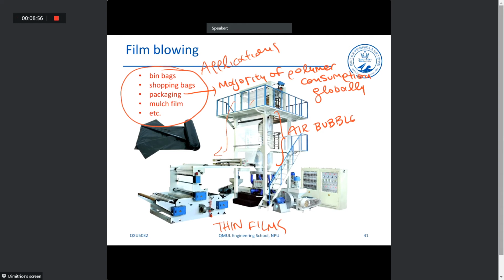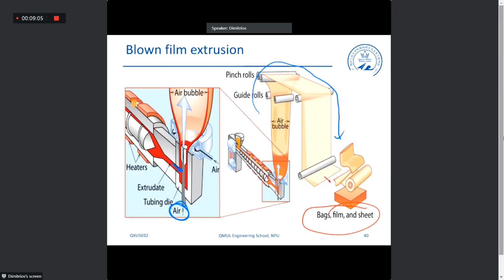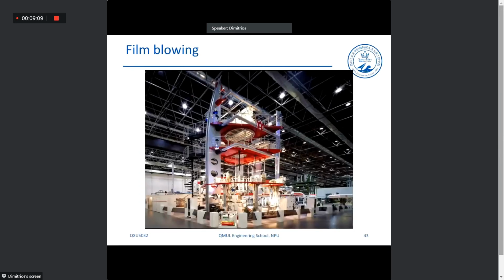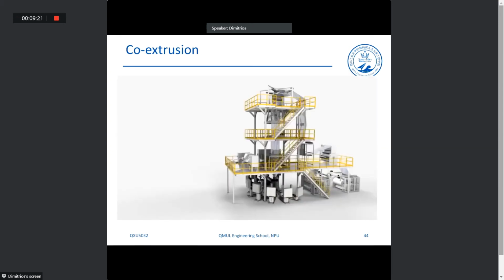And these materials are many times created by blown film extrusion. You can see how large these setups are in an industrial environment. These are massive. They cost a lot of money, but once they are up and running, they produce tons and tons of materials.